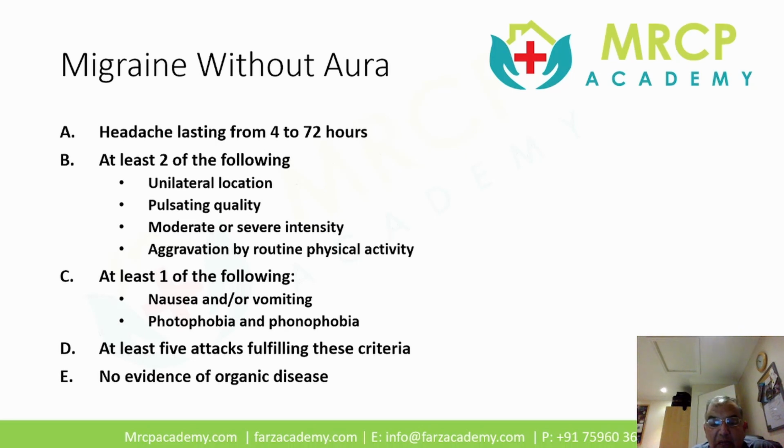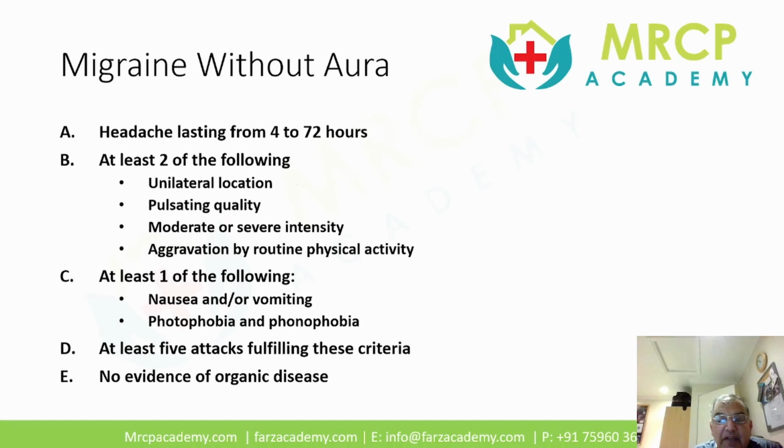Pulsating in quality, moderate to severe in intensity, and it gets aggravated by routine activities such as climbing stairs. Most patients prefer to go to bed. There is nausea and vomiting quite frequently seen. Photophobia and phonophobia, where the slightest sound and light tends to disturb these patients. And this is the International Headache Society definition.